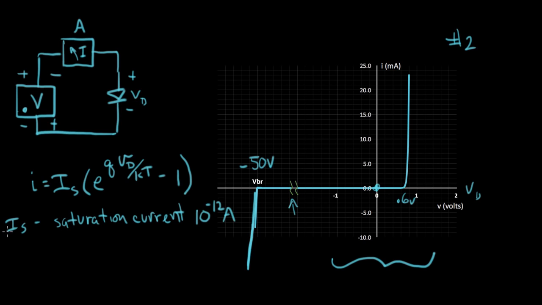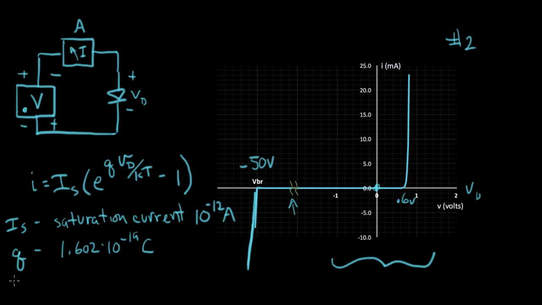That's how much IS is. Q is the charge on an electron, and that equals 1.602 times 10 to the minus 19 coulombs. That's Q. VD is the voltage across the diode.